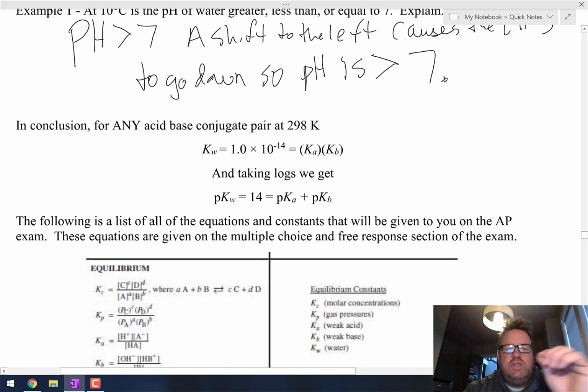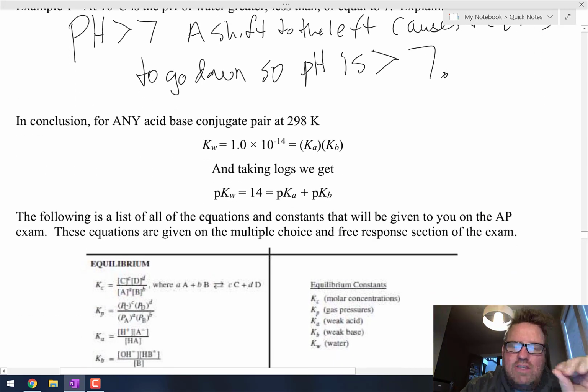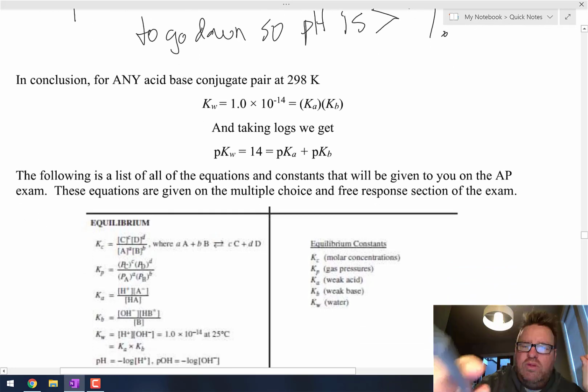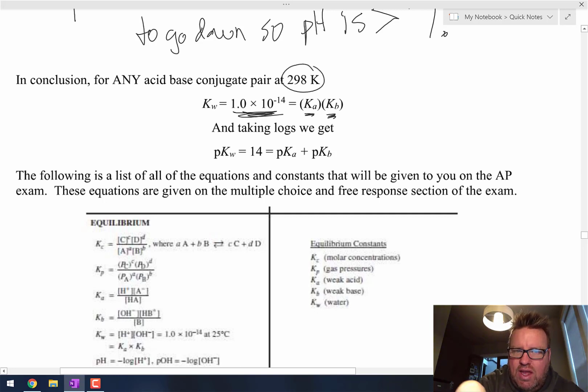All right, so the problem is there's lots of different equations that we can get here. We know that we can take the Ka value and multiply by the Kb value, and that equals 1 times 10 to the minus 14th, again, at 298. And remember, the Ka and the Kb values are different equations.